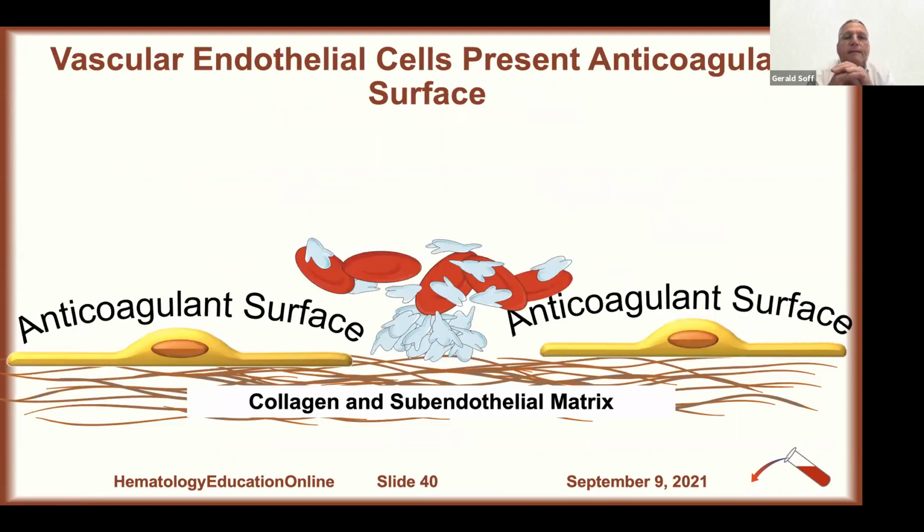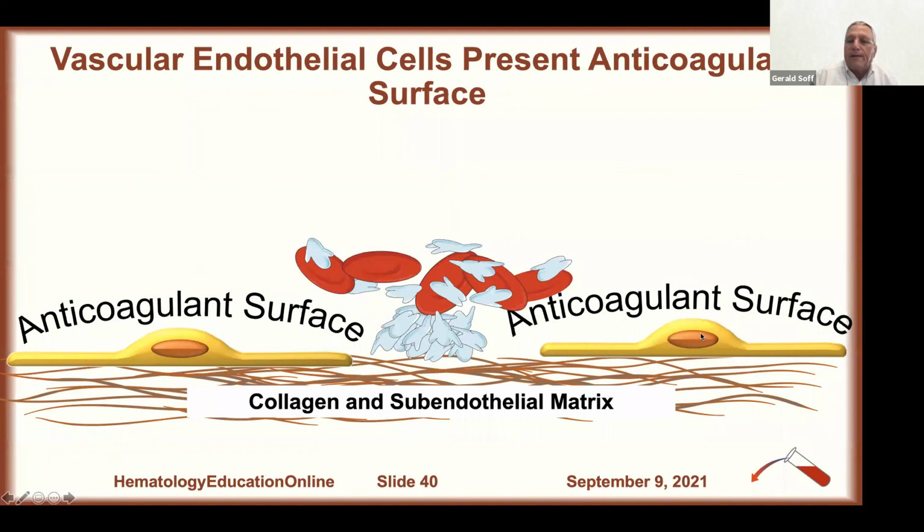So here is the vasculature illustrating its contribution to the physiologic anticoagulation processes. So this is illustrating intact endothelium with anticoagulation surface shown here and here. If you have a gap in the endothelium, platelets adhere, and that starts the coagulation system.